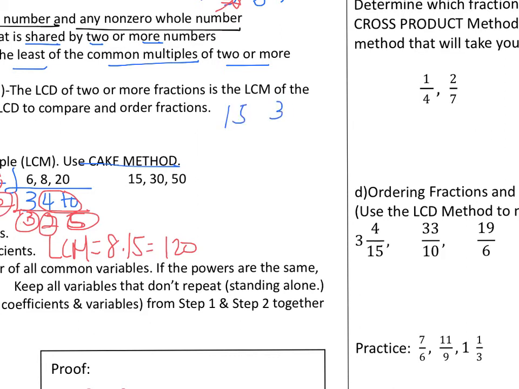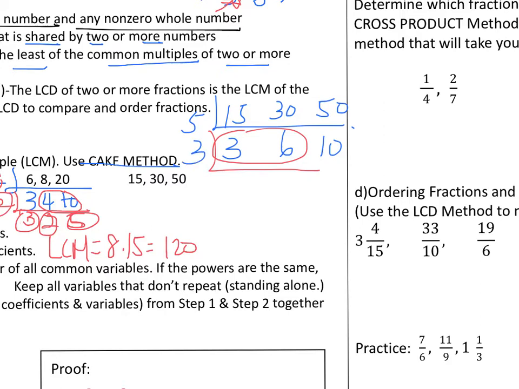15, 30, and 50. I'm going to take out 5, 3, and then we have 5 times 6 is 30, and 5 times 10 is 50. Between 3 and 6, they share a common factor of 3. 3 times 1 is 3, 3 times 2 is 6, 3 times nothing is 10, so we copy 10.